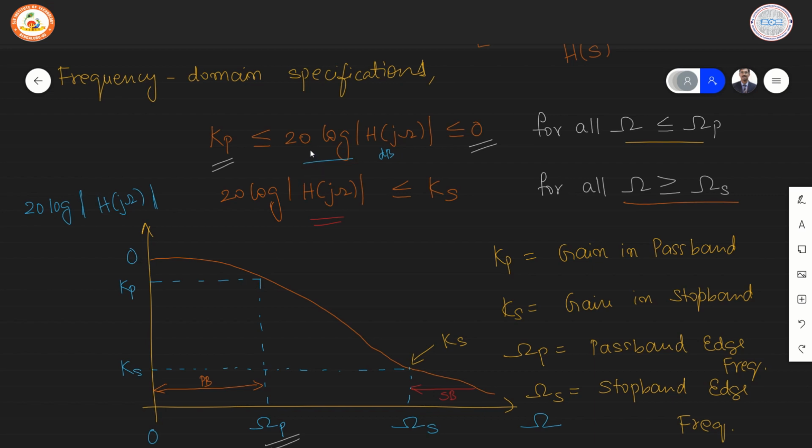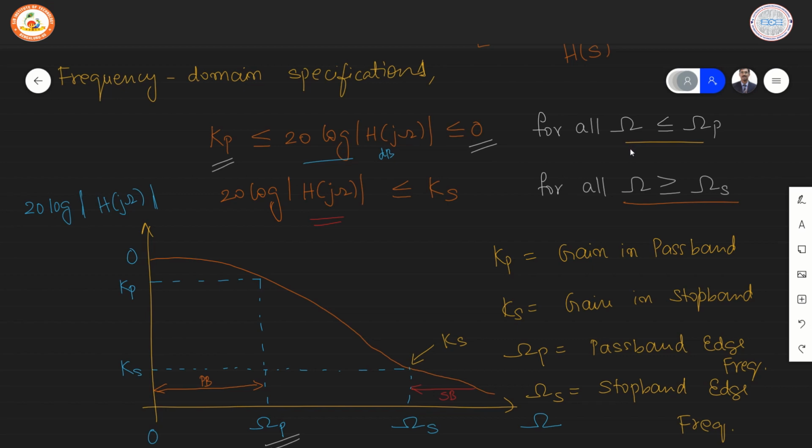Therefore, we can write 20 log of magnitude of H of j omega lies between the maximum value Kp and the minimum value 0. In fact, the reverse is true. Kp is a smaller number and 0 is larger because we are dealing in the dB scale. Kp value will be negative and 0 is more than a negative number.